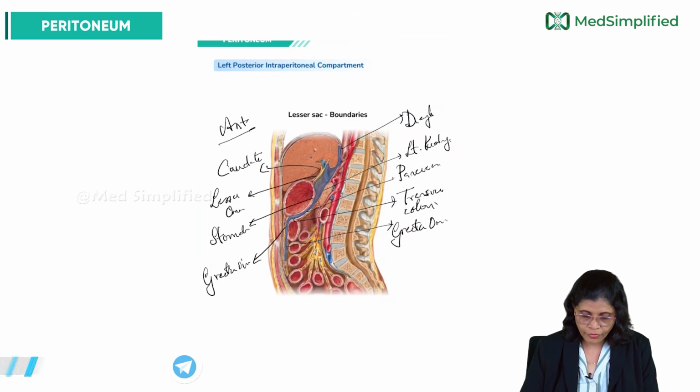So these will form the posterior wall of the lesser sac.